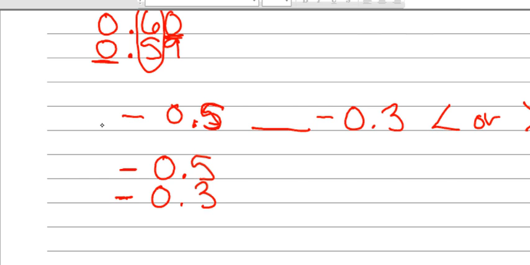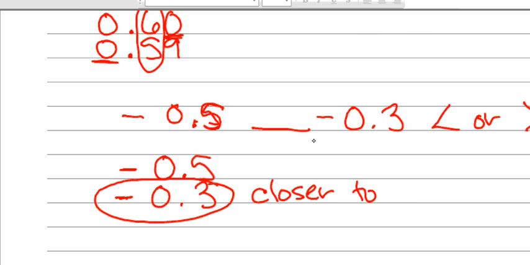If they're negatives, who's closer to 0? So that's bigger. So negative 0.5 is less than negative 0.3. So think about who's closer to 0 when you're doing the negative ones.